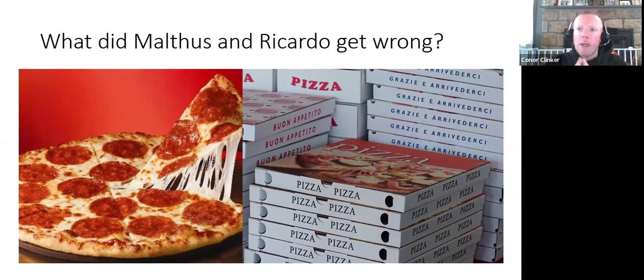Here is what especially Americans figured out. We don't need to live that way. We don't need to fight constantly over the pizza. We can instead use our intelligence to find a way to produce thousands of pizzas.